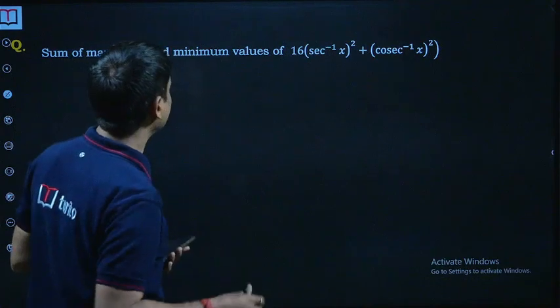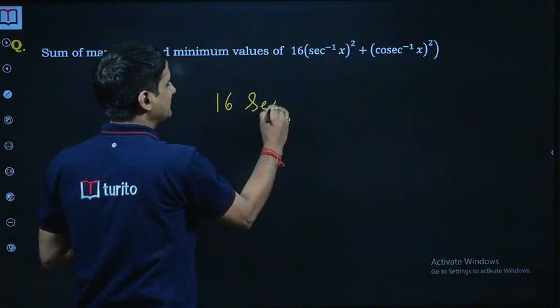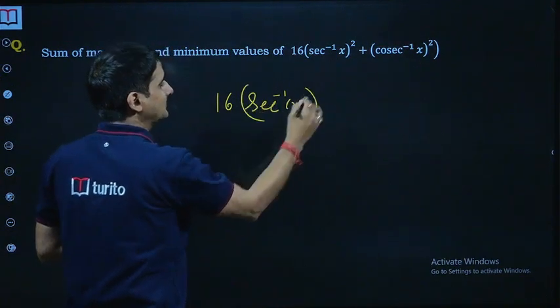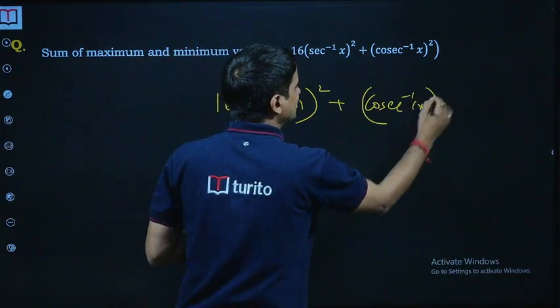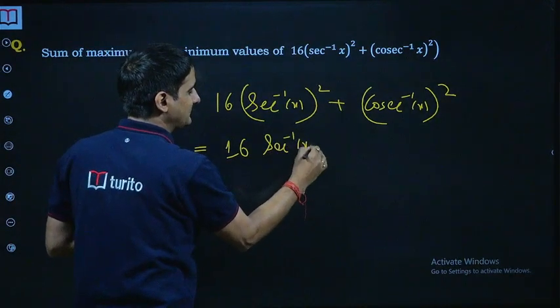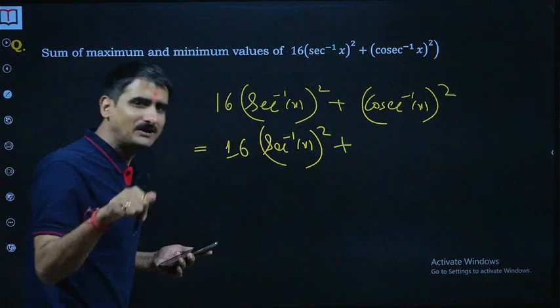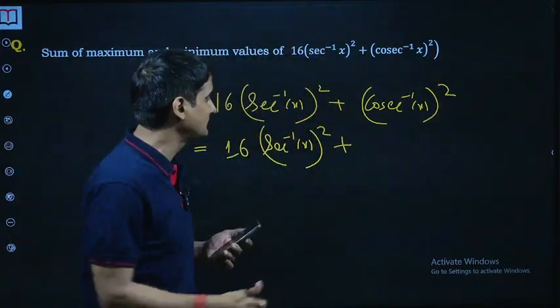Sum of maximum and minimum values of 16 sec inverse x whole square plus cosec inverse x whole square. I think all of you know how to approach it, but still I will be briefing that part, because we have that identity that sec inverse plus cosec inverse is pi by 2.